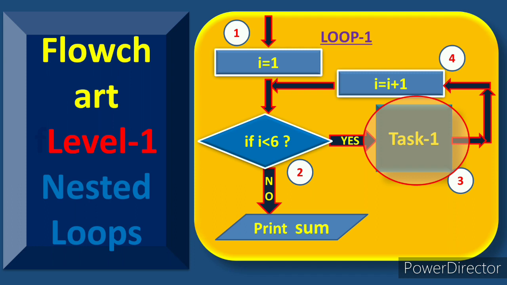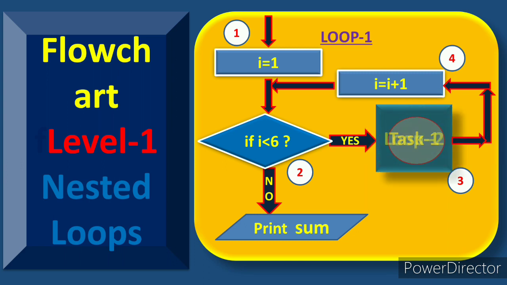In loop number 2, the second time it is repeated, it will be 1 into 2. For the third time it will be 1 into 2 into 3. That means the function of task 1 is to do the product, and the outer loop, which is taken care of by I, adds this particular product or factorial.